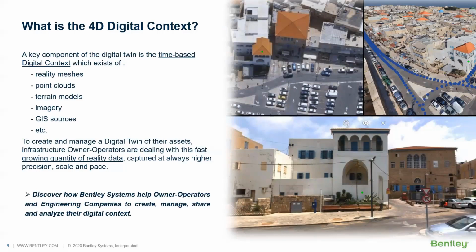So this is what we call the 4D digital context. The 4D digital context is a foundation of a digital twin. A digital twin must include a 4D digital context so that you can make proper decisions.